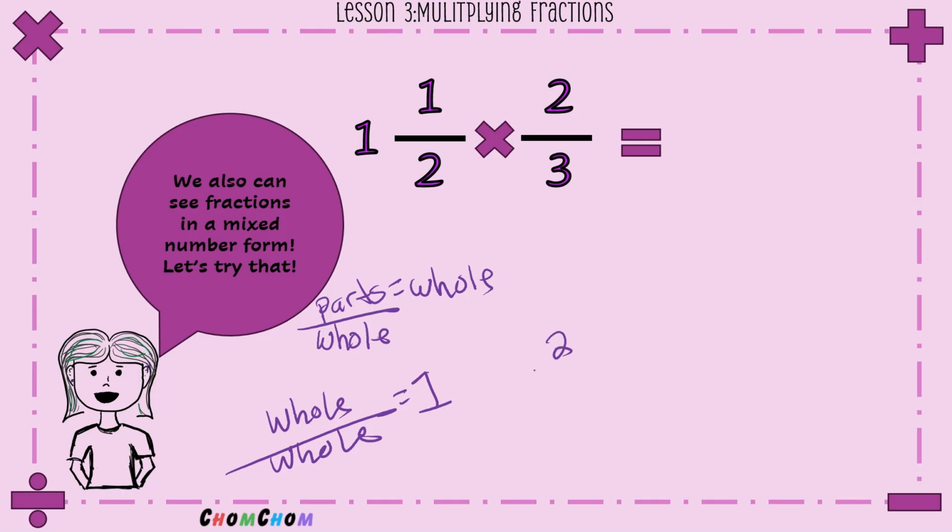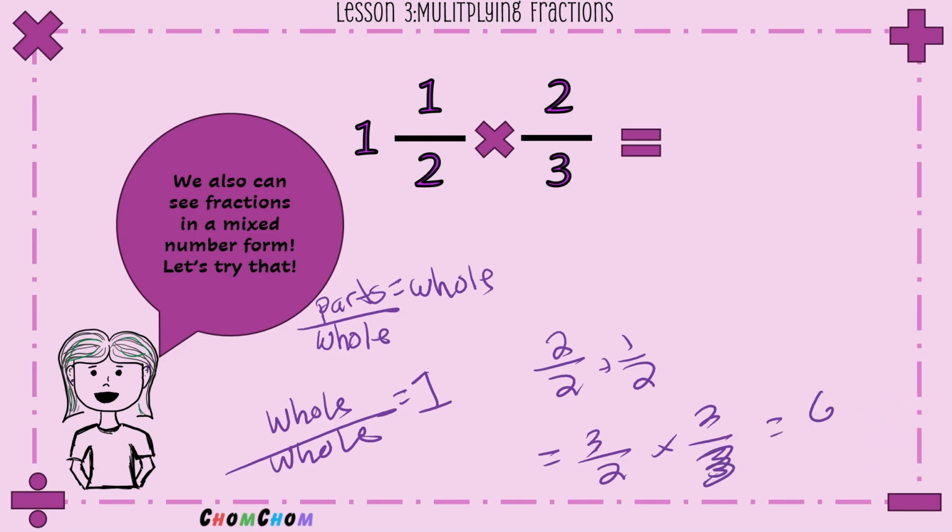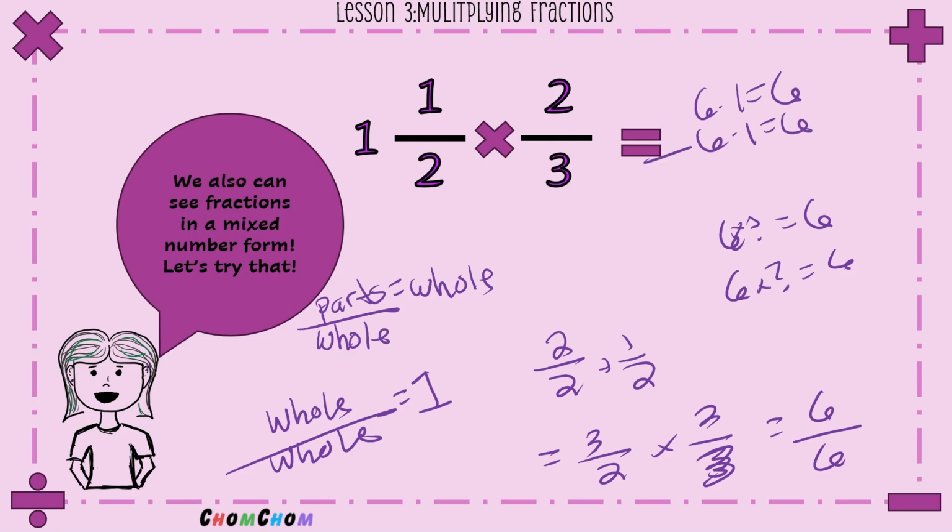So what we have here is 2 over 2 plus 1/2, which gives us 3 over 2 times 2 over 3, which we end up with 6 over 6. So 6 times something equals 6, and then 6 times something equals 6. 6 times 1 equals 6, and then 6 times 1 equals 6. So you have 1 over 1, which is just fancy for 1.